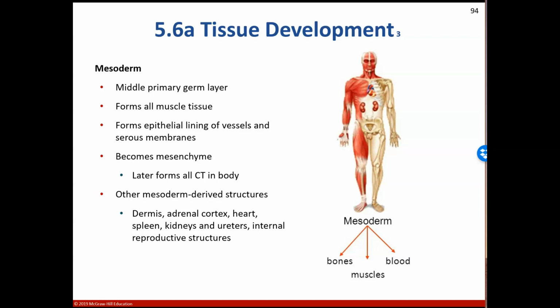And other mesoderm-derived structures would be the dermis of our skin, our adrenal cortex that we find on top of the kidneys, our heart, our spleen, which you find over here on the left, right under the rib cage, our kidneys themselves, the ureters, and our internal reproductive structures.